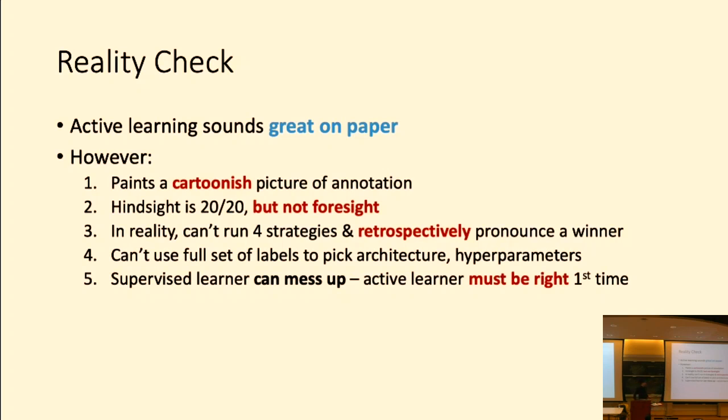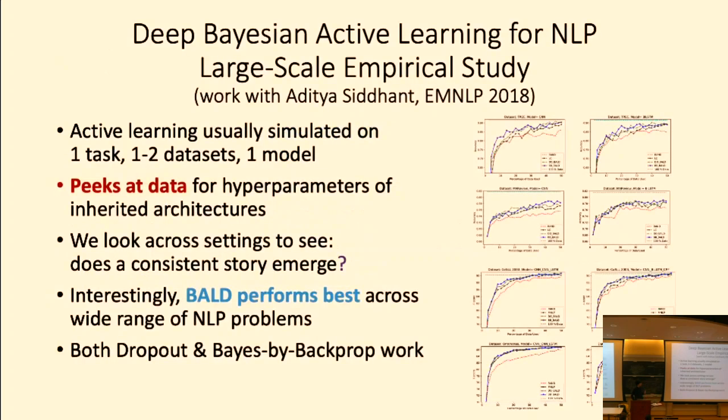I have a little bit of a contrarian streak, so I was happy to throw my own work under the bus, and I got together with a master's student who's a really strong engineer when I first got to CMU, Aditya Siddhant, and we said, let's think about it this way. Active learning is often simulated on one task with 1 or 2 data sets with 1 model, throwing the kitchen sink at it.